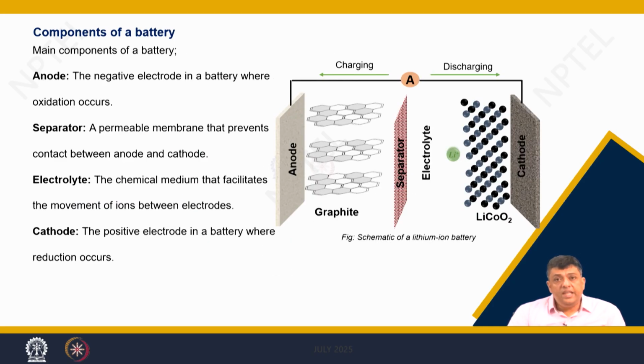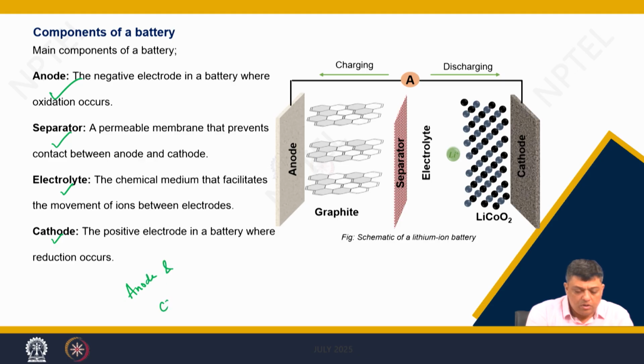If you look into a lithium ion battery, you will find it has components which are anode, separator, electrolyte and cathode, where anode and cathode are coated on current collectors.